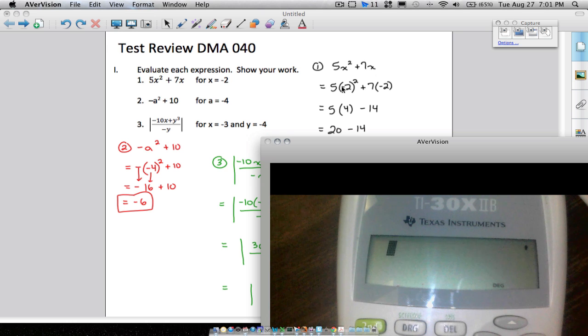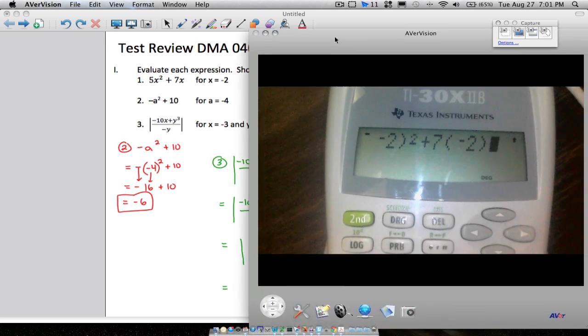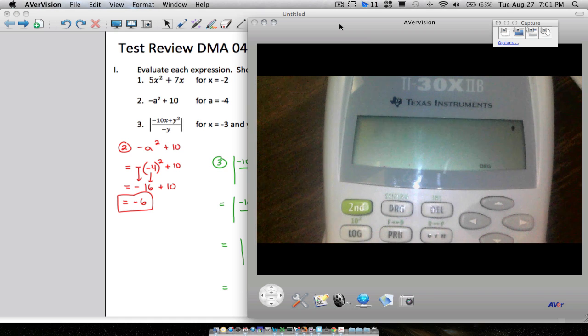I just typed it in pretty much just like that in the previous example. If you recall right there on the calculator screen, that's exactly the same way I wrote it down in that first step. So again, going to question 2, we got negative, and then we plug in the negative 4 for a. We square it, and then we add 10, and the final answer is negative 6, which matches that right there.